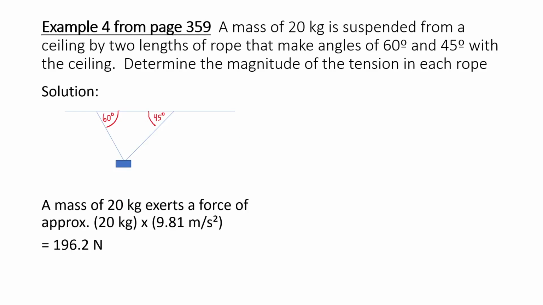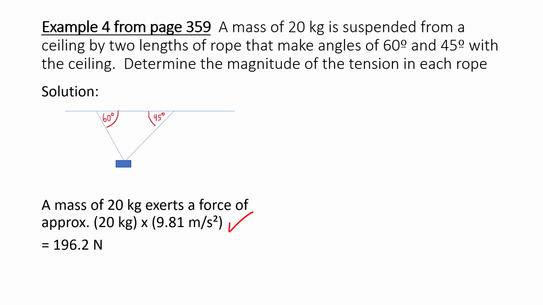One thing that's important to know if you want to go further in this course is that the force due to gravity is going to be 9.81 meters per second squared, roughly, times whatever the mass of the object is, assuming we're at sea level on planet Earth.